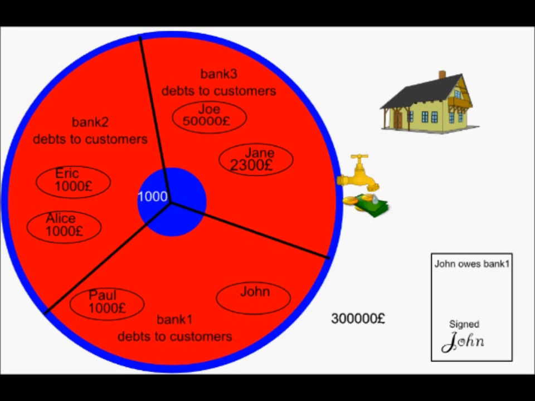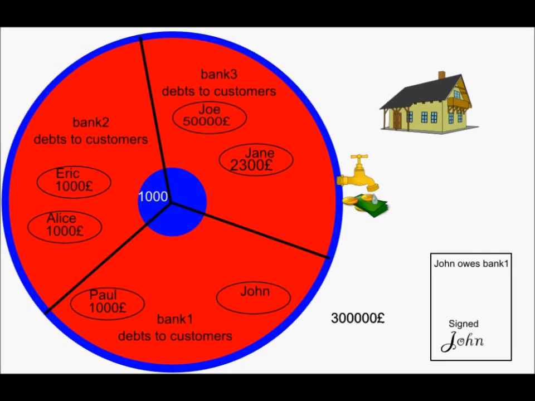But how was this debt created? Let's study it in more detail. Let's assume that John bought a house for £300,000. The bank didn't lend John any money. The only thing the bank did was simultaneously create 2 debts. John got a £300,000 debt by signing a paper.